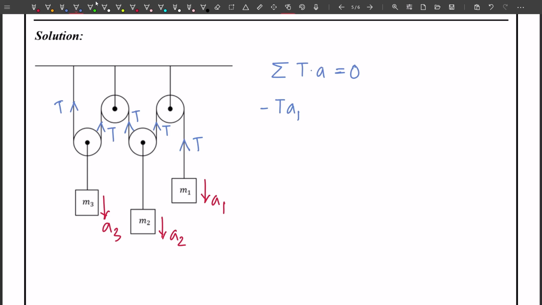For the second mass m2, the total tension that is acting on m2 is 2T.